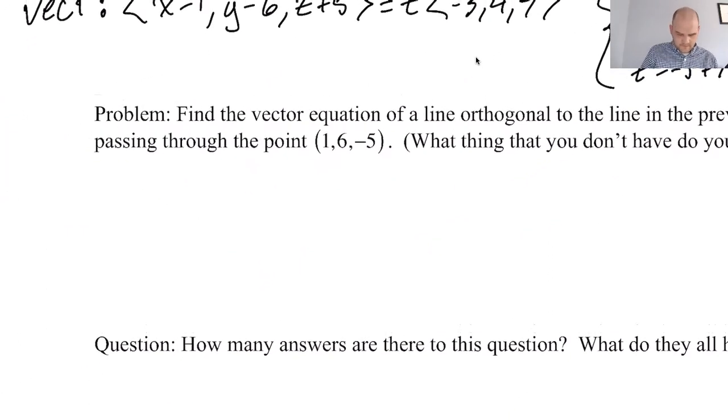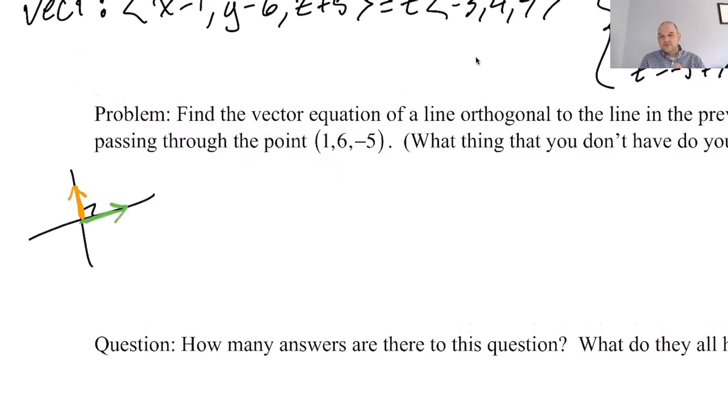So orthogonal vectors, or orthogonal lines, perpendicular lines, right? They're gonna be like this, which means that their direction vectors, let's use some different colors here. They're gonna be like this guy, and then maybe like this guy, right?